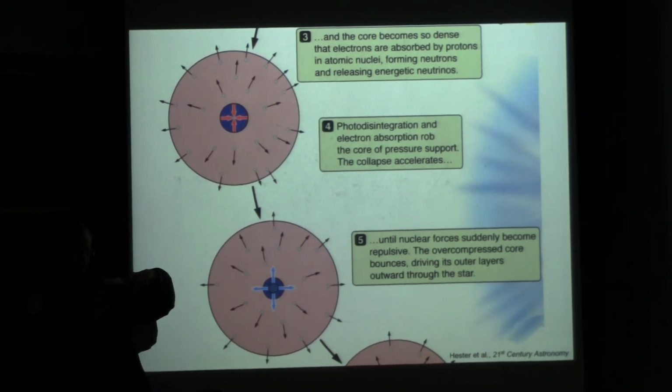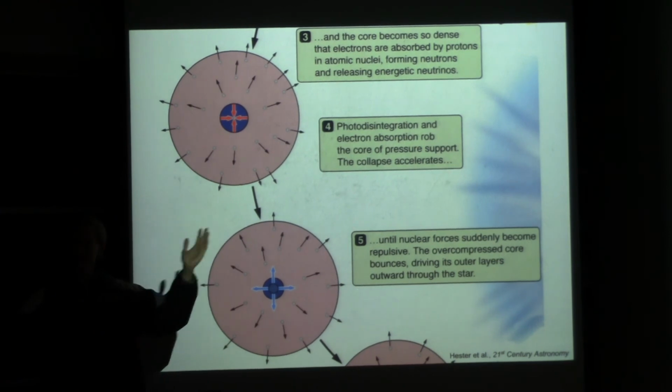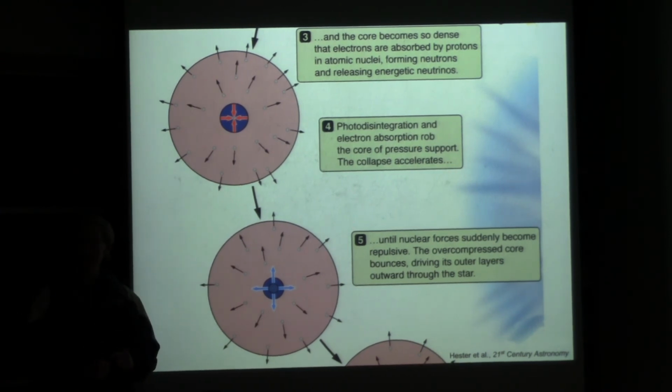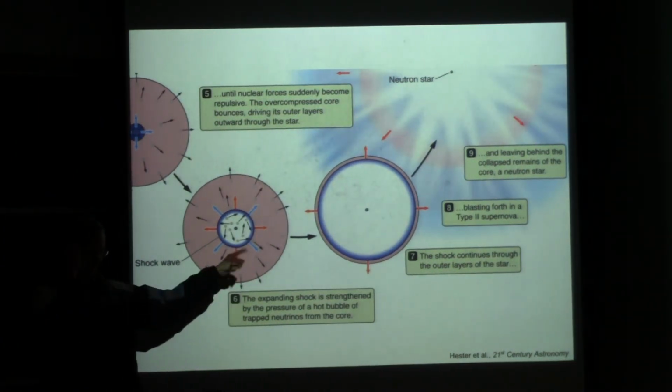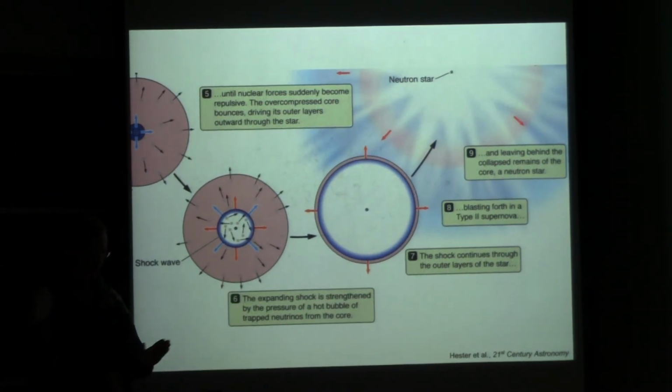So that means that the surface springs back again and meets material that's crashing down on it at about 1/4 the speed of light from above, and that sets up a shock wave, essentially, driving its outer layers outward through the star. The expanding shock is strengthened by the pressure of a hot bubble of trapped neutrinos from the core.